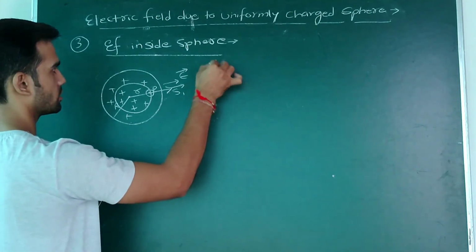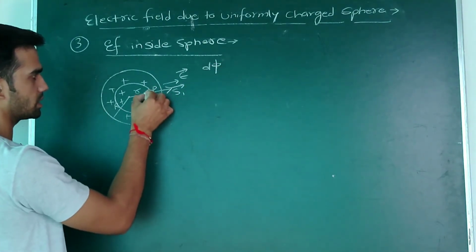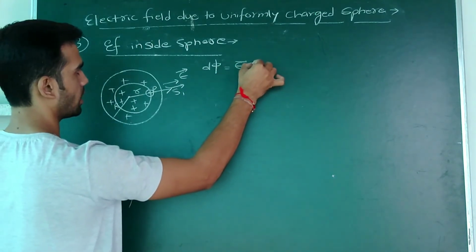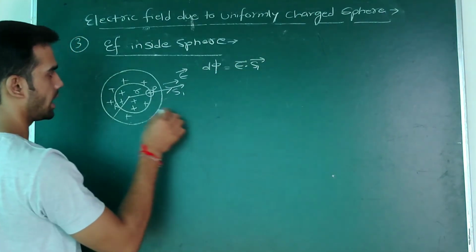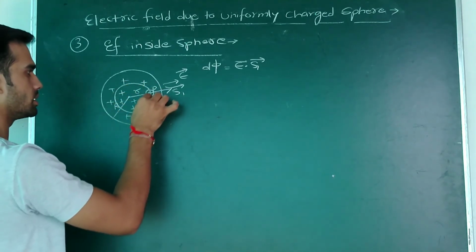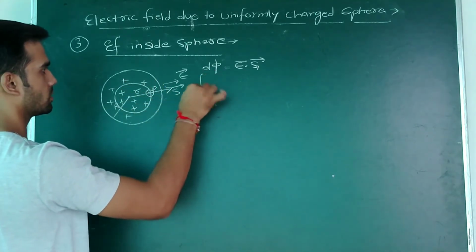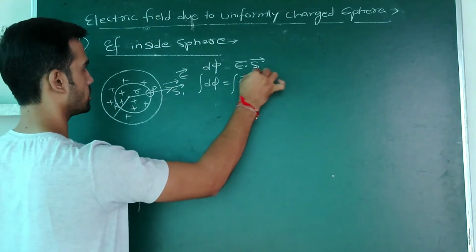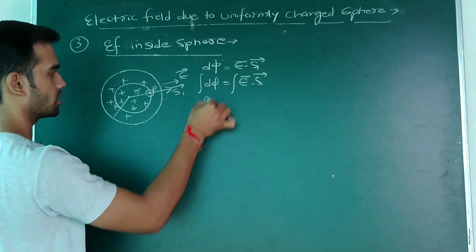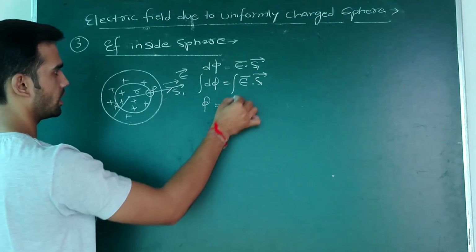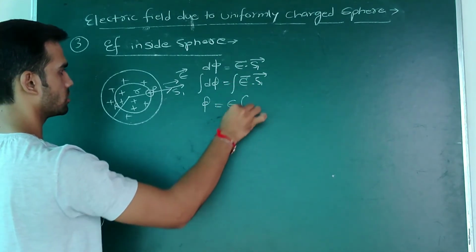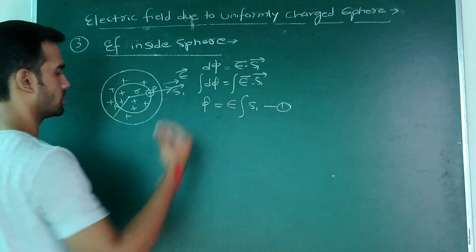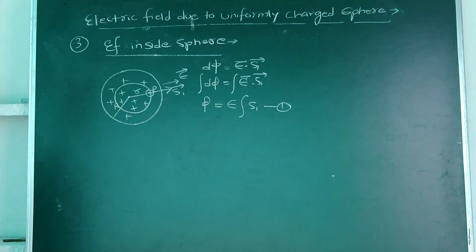So the small flux d phi passing through this small area element becomes E vector dot S1 vector, and the total flux passing through this Gaussian surface becomes the integration of d phi, the integration of E vector dot S1 vector. After integration it becomes the total flux, and the electric field is constant, so it can be written like this.